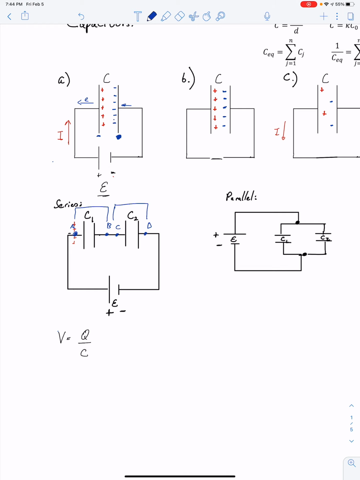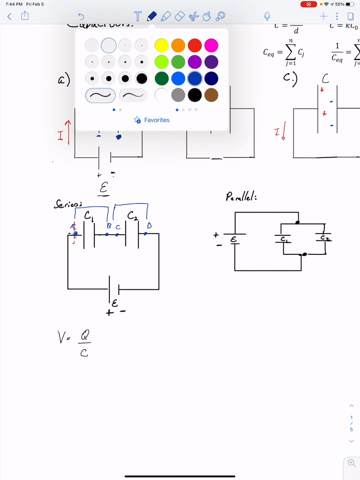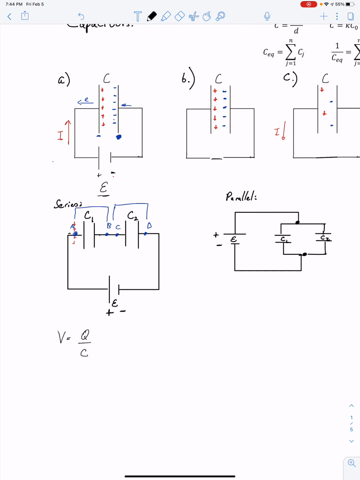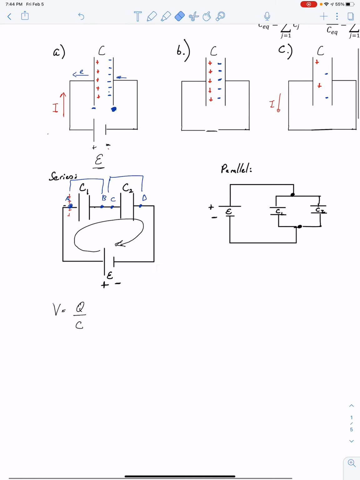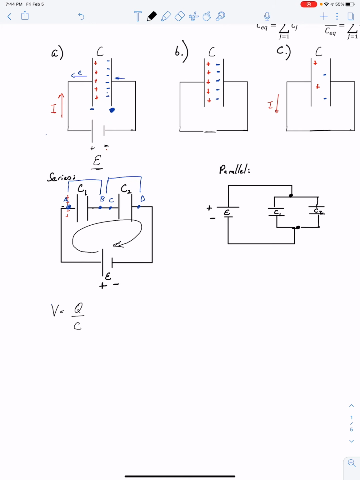So let's follow Kirchhoff's rules and do a loop. We're doing a loop clockwise, and we are going to annotate that we're taking the battery, which is E, and I'm just going to write V, minus the electric potential in 1, and minus the electric potential in 2.